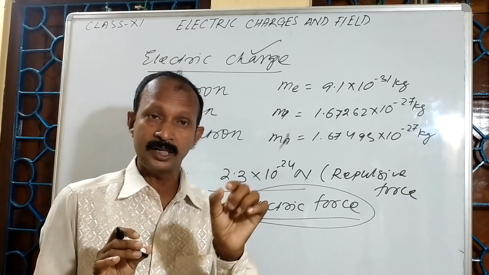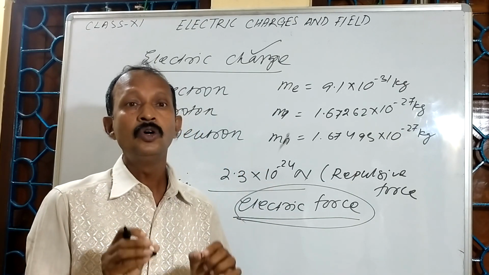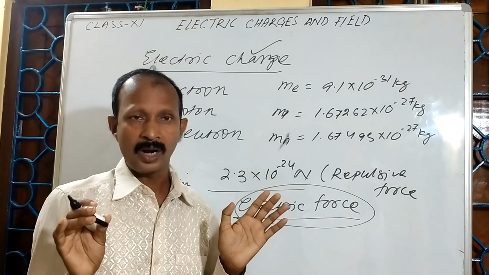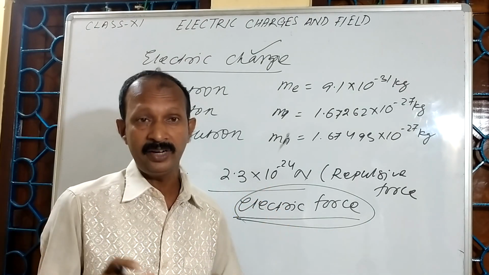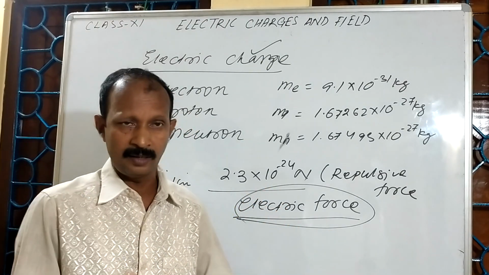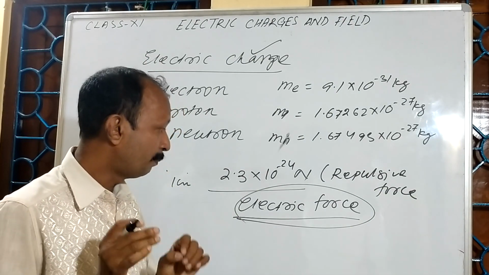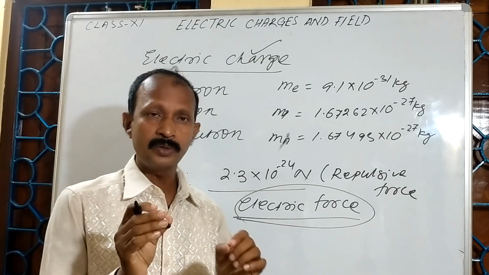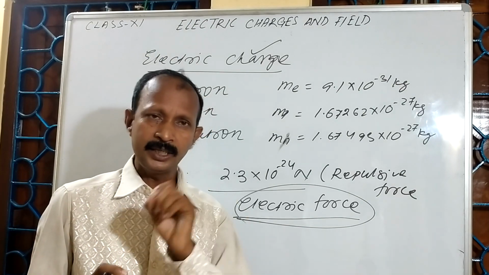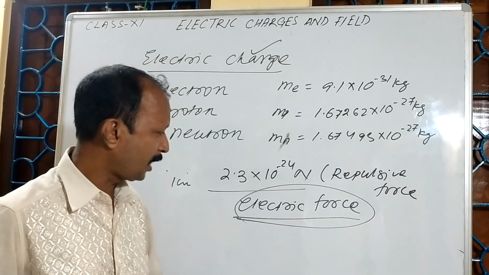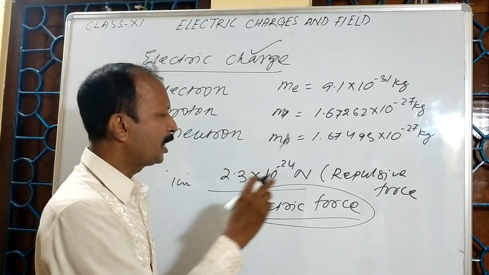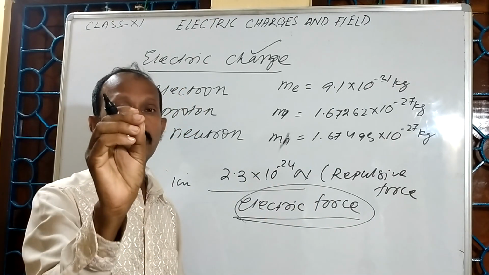I said that the distance between the electrons is 1 centimeter. I am not saying the distance is infinity. If it were infinity, the gravitational force would be 0, no doubt. But now the electrons we are discussing are very close. There is a gravitational force. At the same time, there is a repulsive force between the electrons.